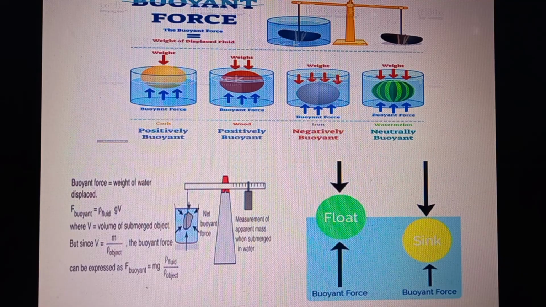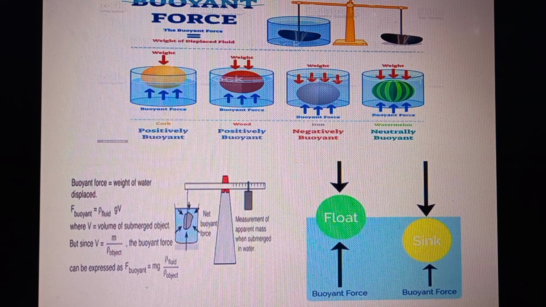So buoyant force is equal to the weight of water which is being displaced. So what is our formula? The buoyant force is equal to the fluid density times gravity and the volume, where V is the volume of the submerged object.